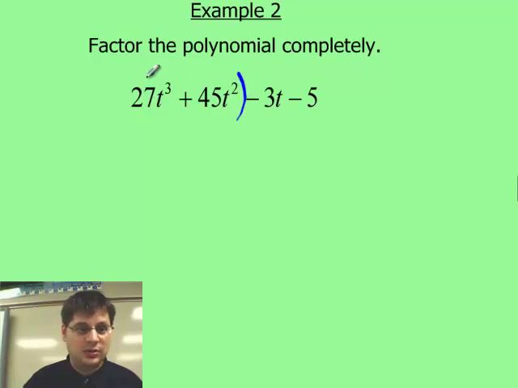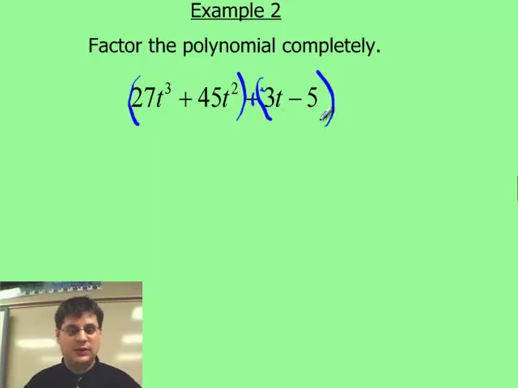So I can group together the 27t cubed plus the 45t squared. I'll make this a plus sign and make sure it's a negative 3t minus 5.